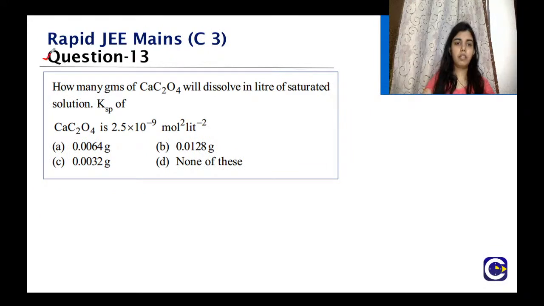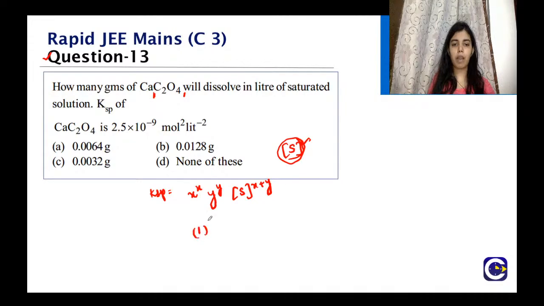Question number 13. How many grams of calcium oxalate will dissolve in a liter of saturated solution? KSP is given. So we have to find out the solubility basically, right? So here KSP is equal to x raised to the power x, y raised to the power y, s raised to the power x plus y. For calcium oxalate, x and y are 1 and 1. So this will be 1 raised to the power 1, 1 raised to the power 1, solubility raised to the power 2, that will be equal to KSP.